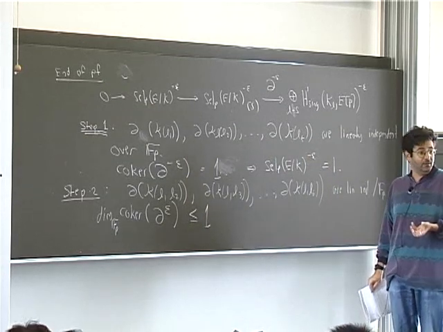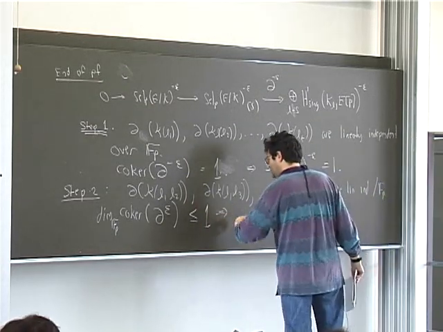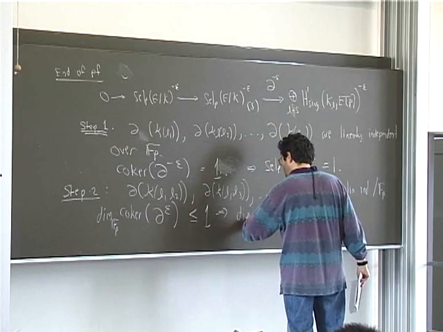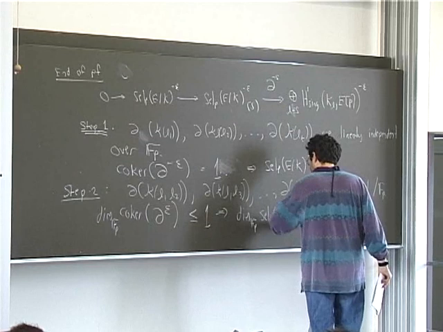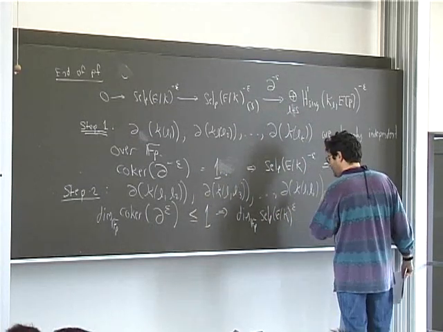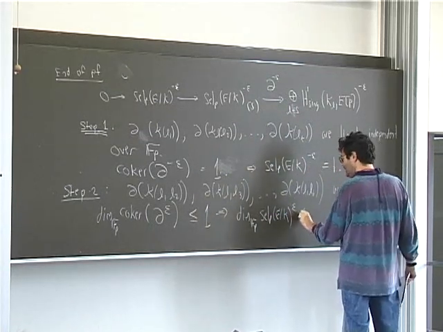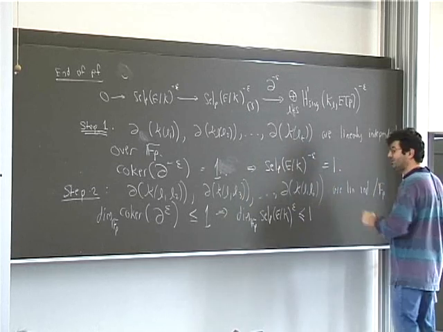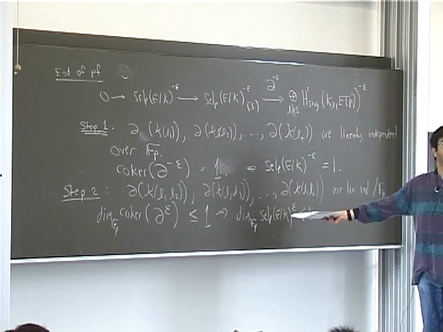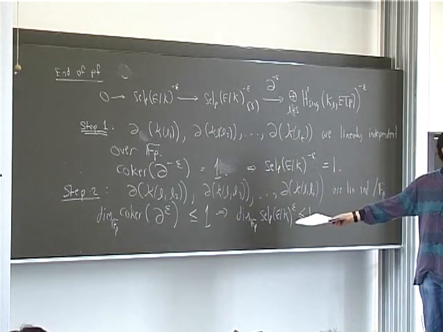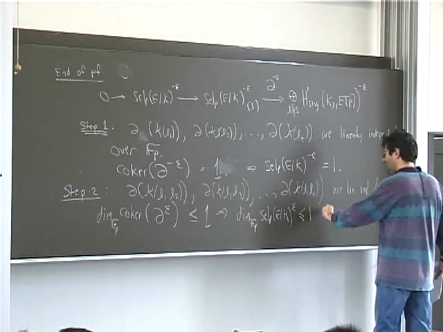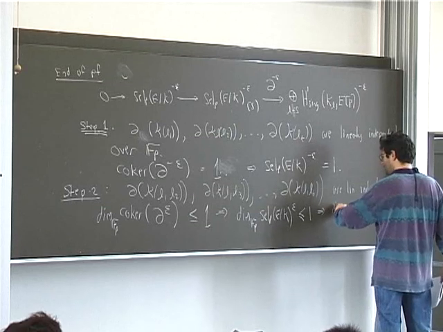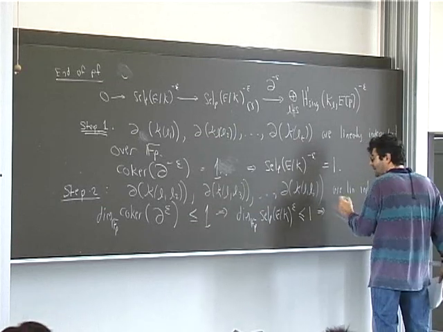but of course the dimension is actually equal to 1 because we already have something. So that means that the dimension over F_p of the p-Selmer group of E over K, the epsilon part, is at most 1. But then, of course, we have equality because we already know a class in here, namely the cohomology class arising from the Heegner point. So we know that the Mordell-Weil group is rank 1. So it's actually equal to 1.